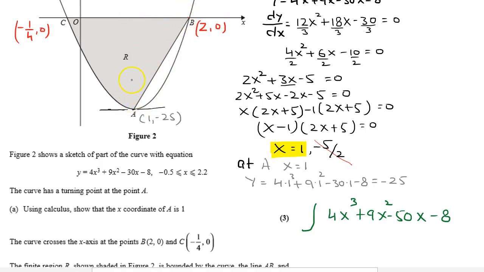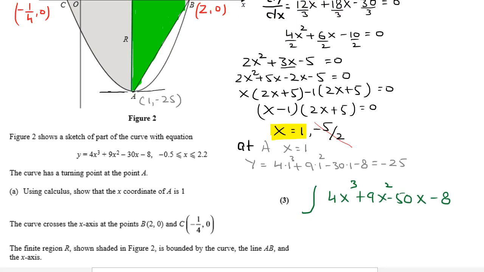This seems to be a triangle. So let's find the area under the curve from this point to this point.